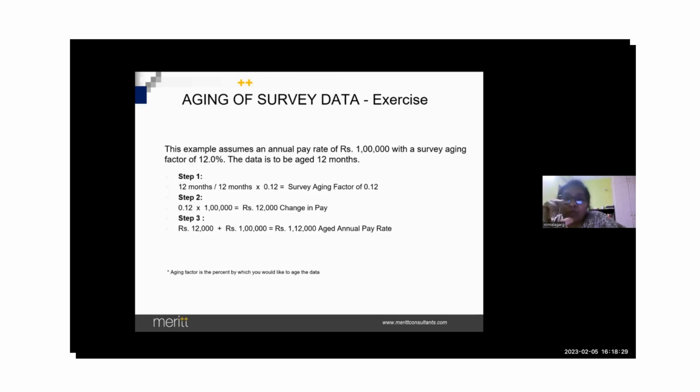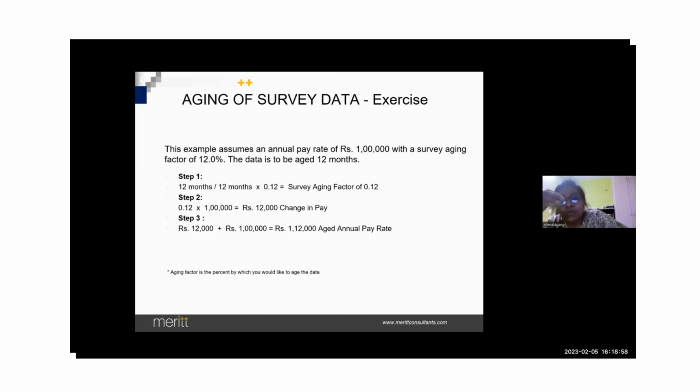First of all, you have to calculate by how much the salary will change. Step 1: take the period for which you want to use it, by how many months. At best, you can use it for 1 year or 2 years, not more than that, because market dynamics will be changing. So here it is 12 months.